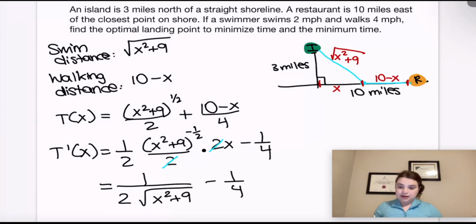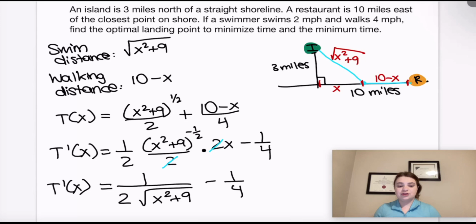Okay, very good. So now that we've rewritten that, the next step we need to do is set the derivative of the time to be 0. Now, why are we doing that? We're doing that because in general, whenever we're doing an optimization question, in order to find the minimum or maximum, one key element is we must take the derivative of whatever it is we're trying to optimize and then set it to 0.